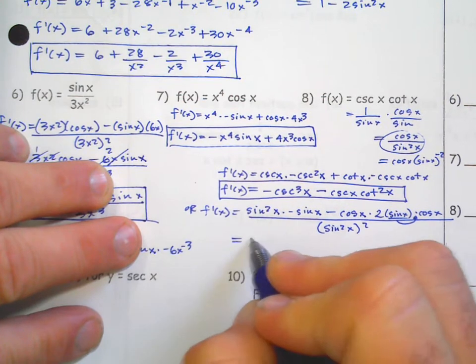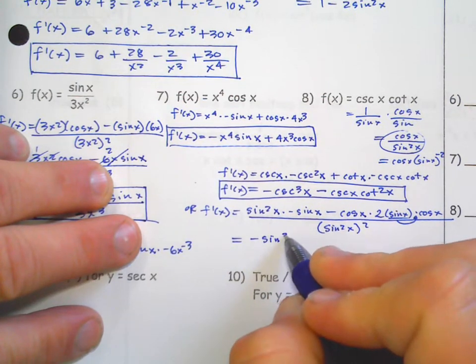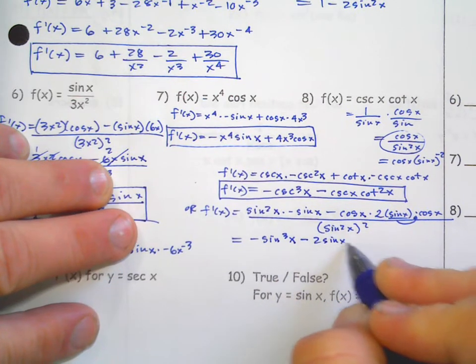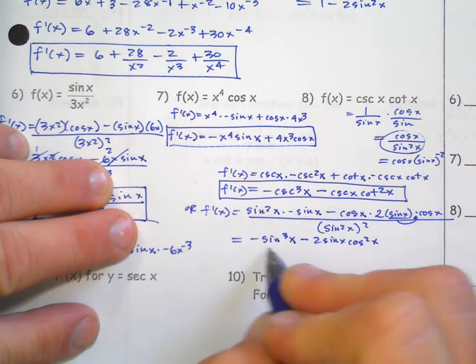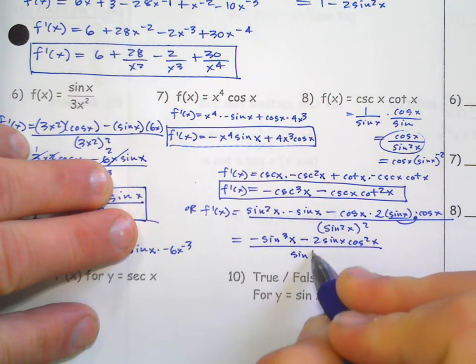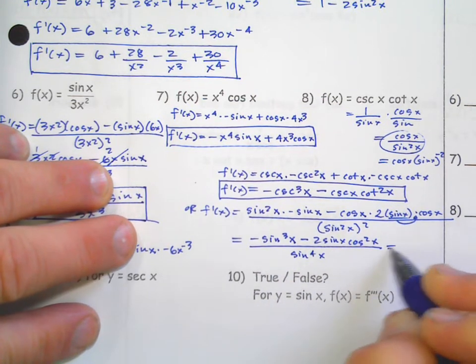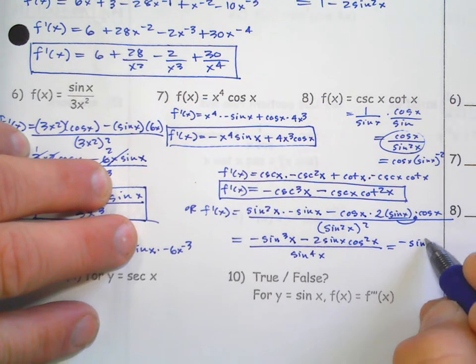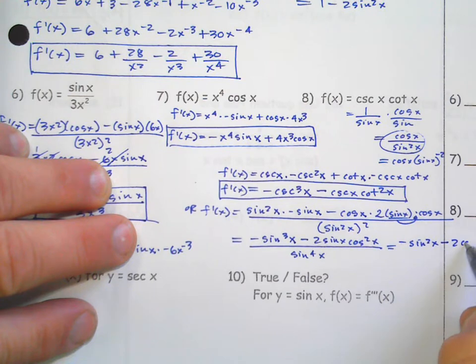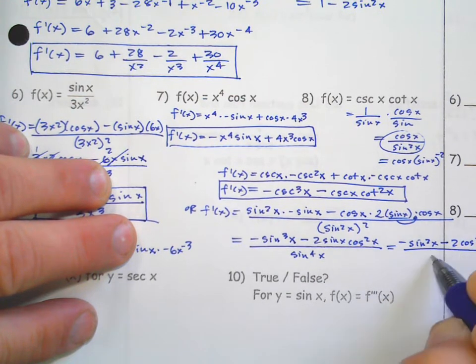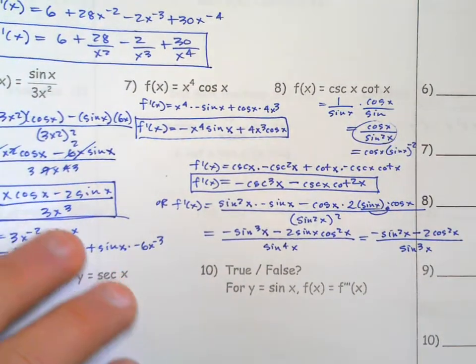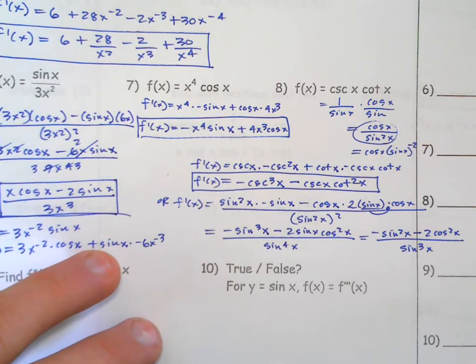So that'd be negative sine cubed x minus 2 sine x cosine squared x over sine to the fourth. And then we could reduce at least a sine out of everything. So it'd be negative sine squared minus 2 cosine squared over sine cubed. I'd want you to reduce it. So I guess that answer is fine.